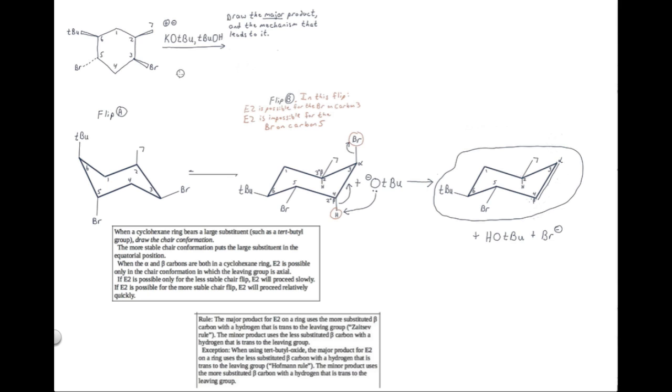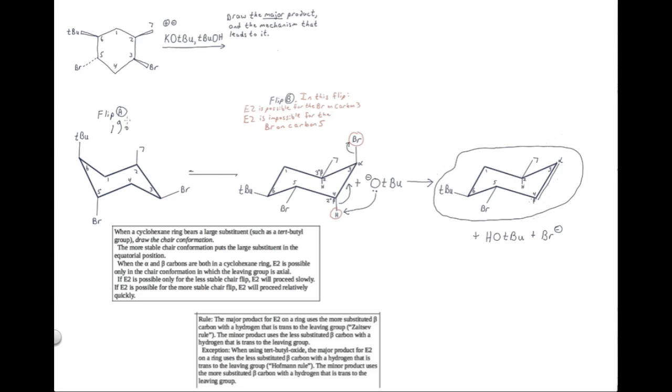In particular, you can see we needed the chair pictures to decide which bromine to use. There's two bromines. How do we decide which one to use? Well, we decided by using the chair pictures. This bromine is axial only in the less favored chair picture that the molecule would be in only maybe 1% of the time.